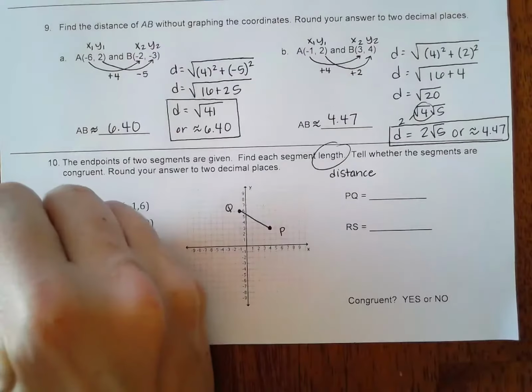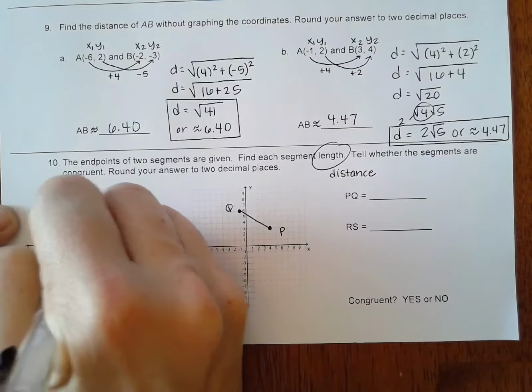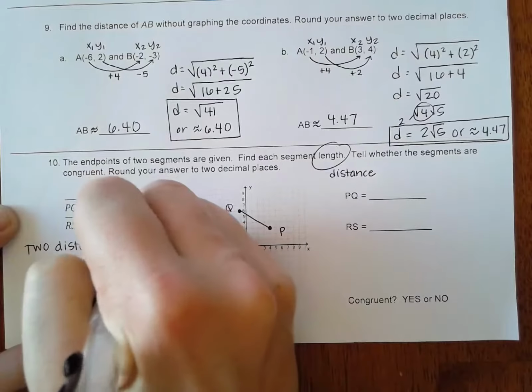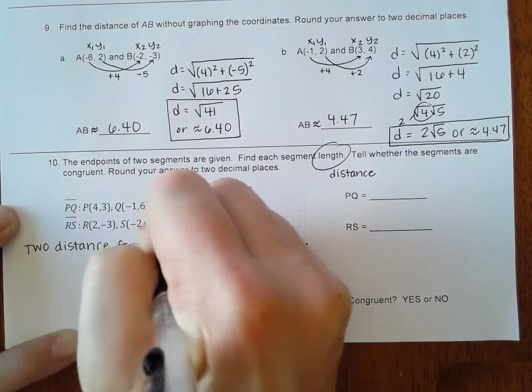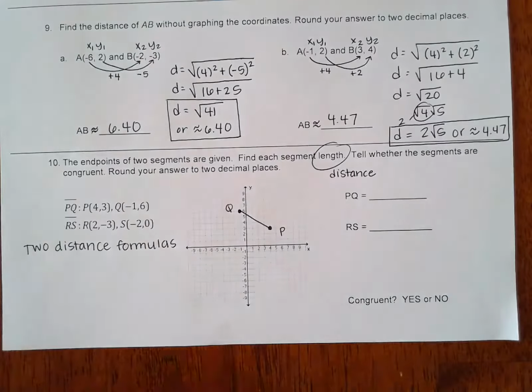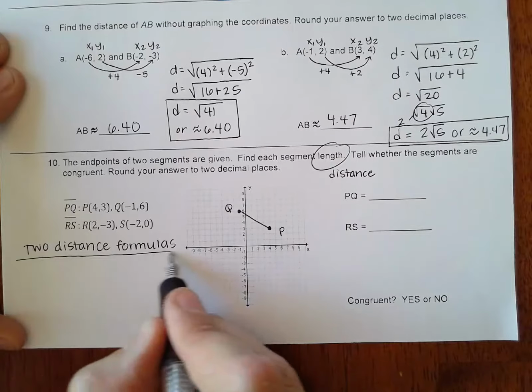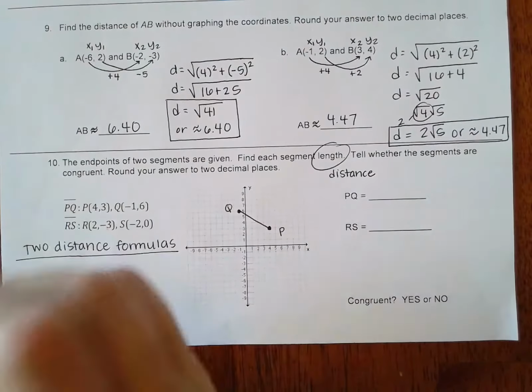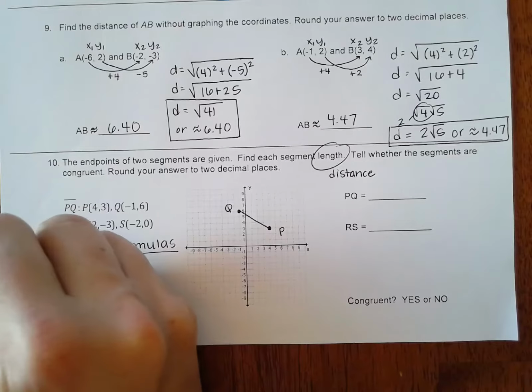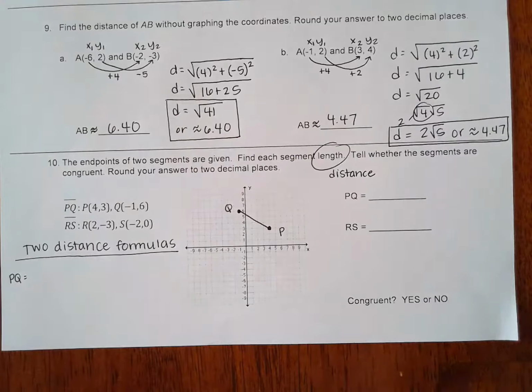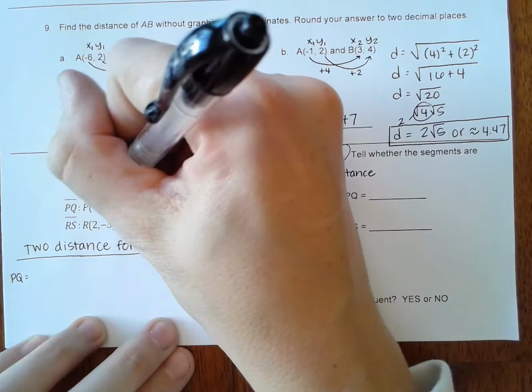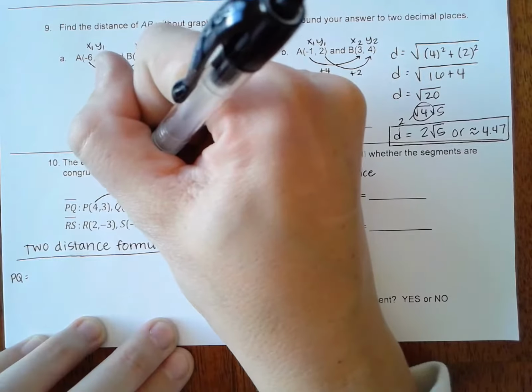So here we go. We need to do 2 distance formulas on this one to figure out how long each piece is. Two distance formulas. And so here I go. For the first one, I'm going to say that from P to Q is, and now I need to check. So to get from the X to the X, I went down by 5.